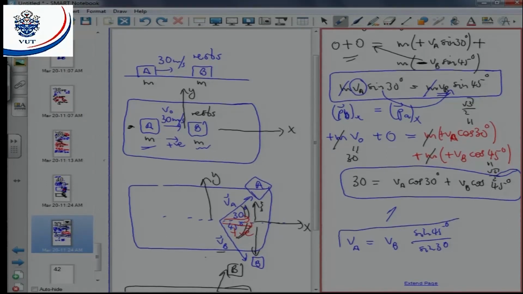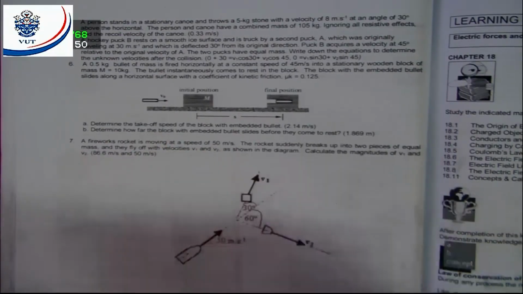Then I would use this answer in the second equation. Where there's VA, I just substitute this number and I can solve for VB. After solving for VB, I then substitute back VB over here to find VA. And that's how you would find V1 and V2 for problem number 7.